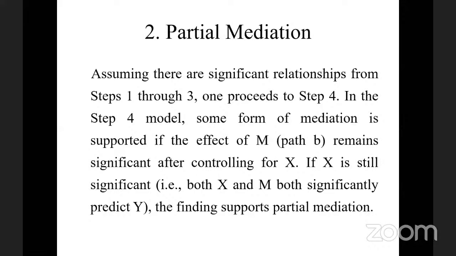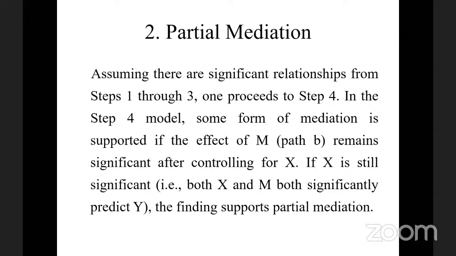In this step 4 model, some form of mediation is supported if the effect of M remains significant after controlling for X, and if X is still significant, so both X and M significantly predict Y, the finding supports partial mediation.